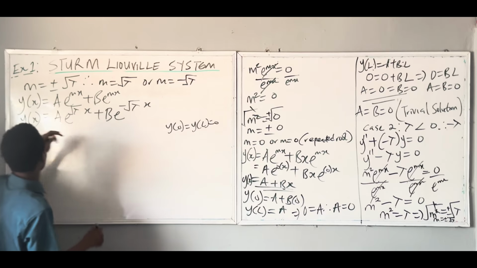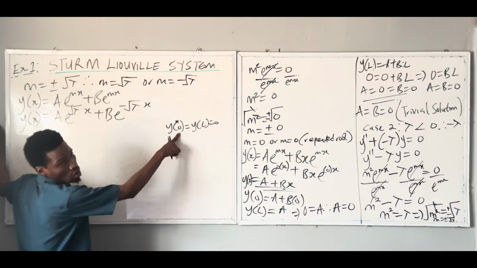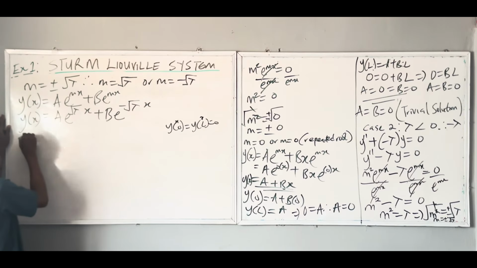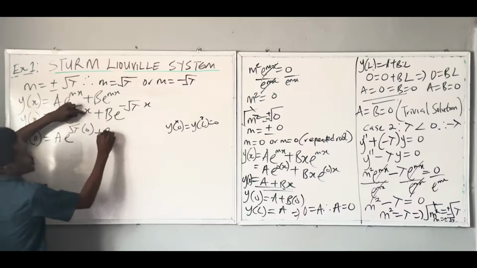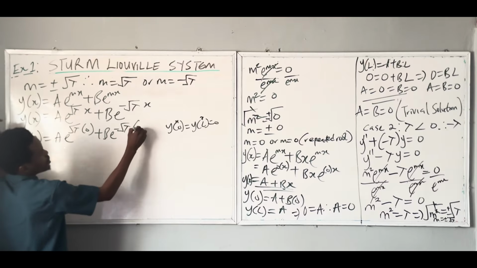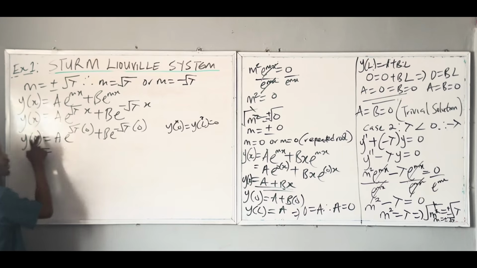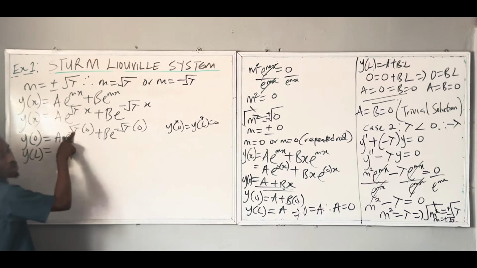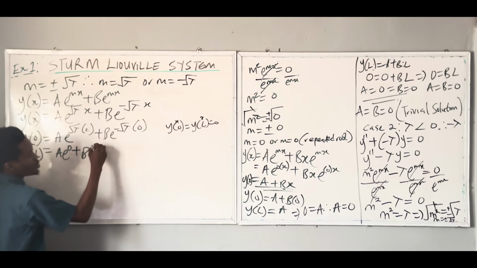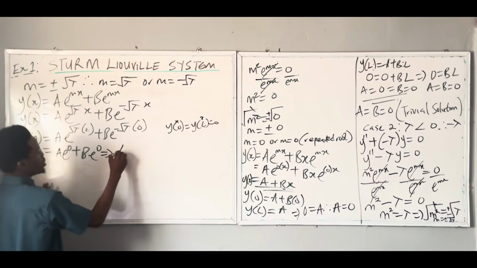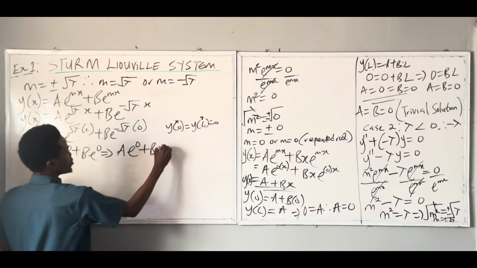Whenever I'm going to test for this, x is equal to 0 at the start and x is equal to n at the end. So y of 0 is equal to a exponential square root of lambda times 0, plus b exponential minus square root of lambda times 0. So finally my answer will be a exponential 0 plus b exponential 0.